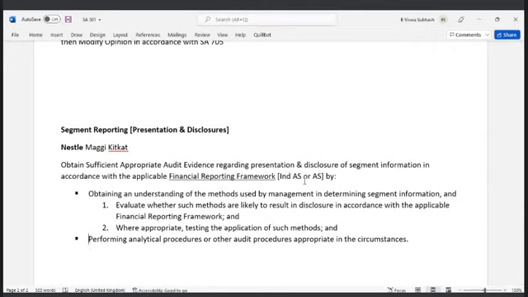First, obtain an understanding of the methods used by management in determining segment information. How are they considering it as a segment? How are they not considering it as a segment? All that information you obtain, and do what? Evaluate whether such methods are likely to result in disclosure in accordance with the applicable financial reporting framework.